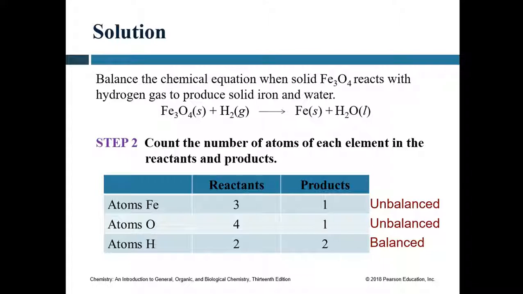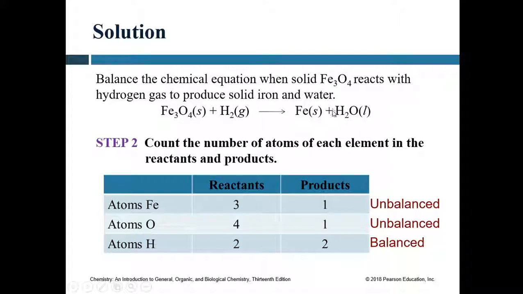Not everything's balanced. Let's arbitrarily say, look, I've got 3 over here. If I put a 3 here in front of the iron, my irons would be balanced. But that would still leave my oxygens not balanced. Well, I have 4 here.